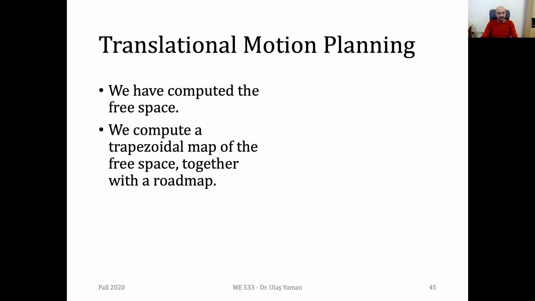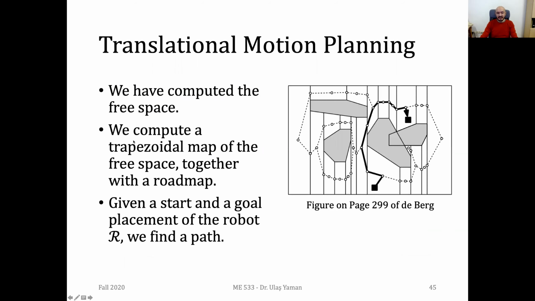So once you determine the forbidden space, then you can easily determine the free space by subtracting it from the bounding box. And later, as we have done in the previous approach, you can construct the trapezoidal map in this free space, in this bounding box, determine the roadmap, and finally do a breadth-first search to determine your path from the starting point to the goal point. We're not going to discuss the other details.